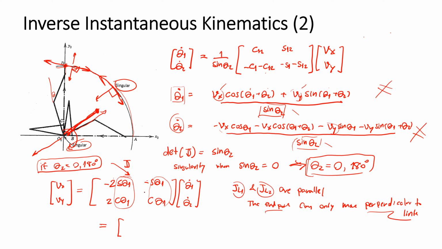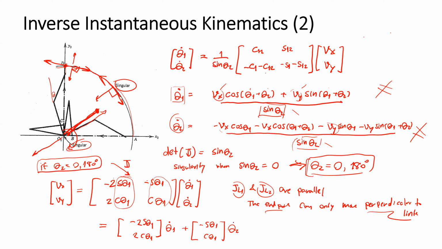Parallel means you don't need to separate the Jacobian into two terms like this.